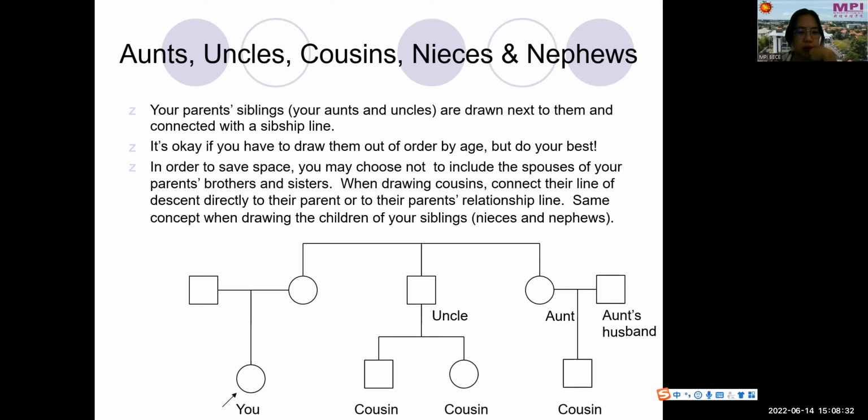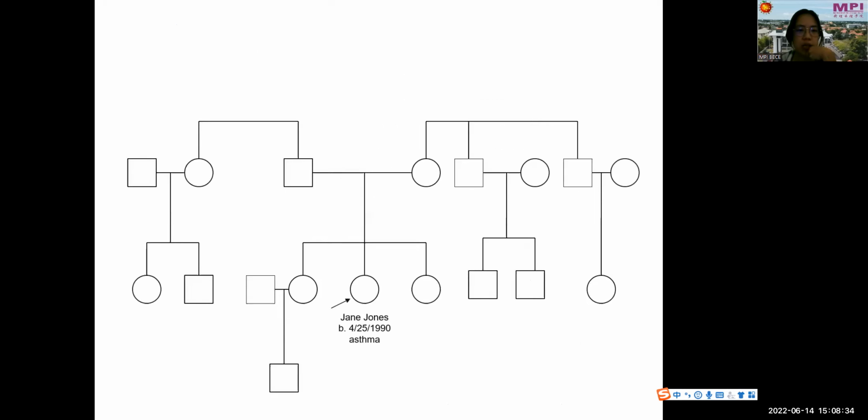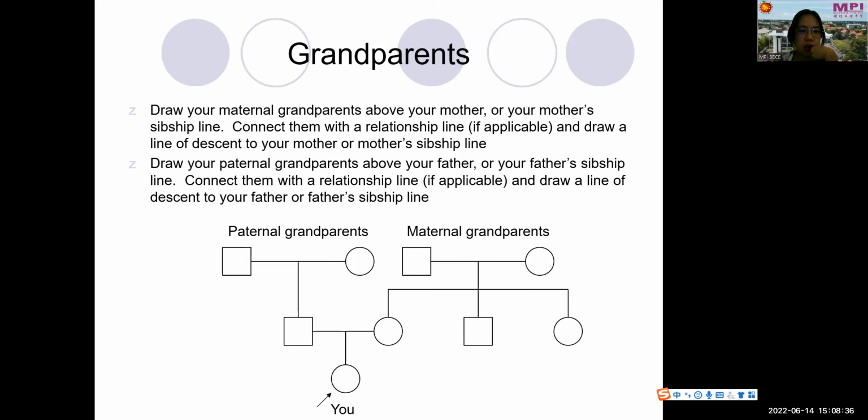If you did not know their names, you can mention that on it. Then paternal and maternal, which means the daddy's side and the mommy's side.